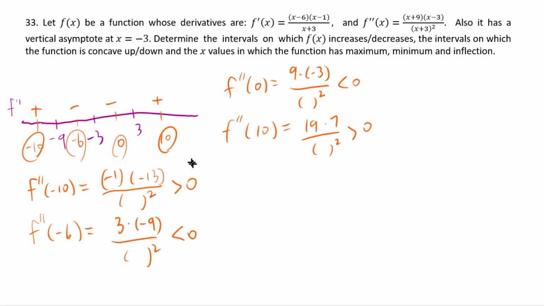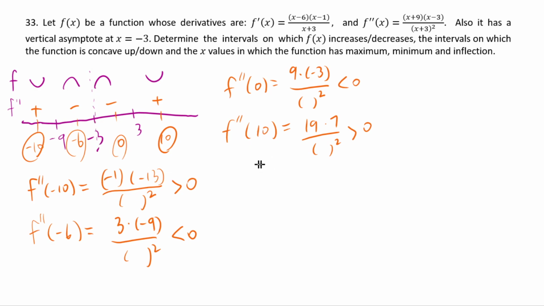All right, which means for the function, since this is second derivative, it's a smiley face, frowning, frowning, smiley face. Okay, and remember at negative 3 we have a vertical asymptote.